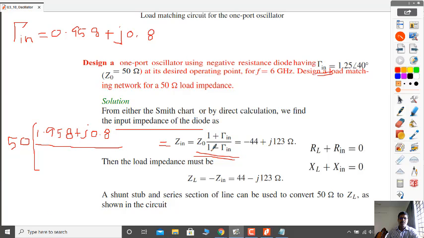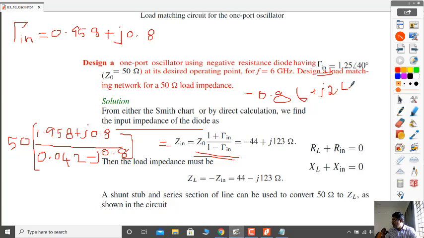divided by 1 minus this value, which will be 0.042 minus j 0.8, which yields, inside the square bracket, the value minus 0.86 plus j 2.496.